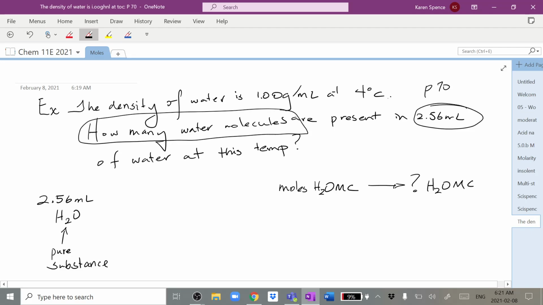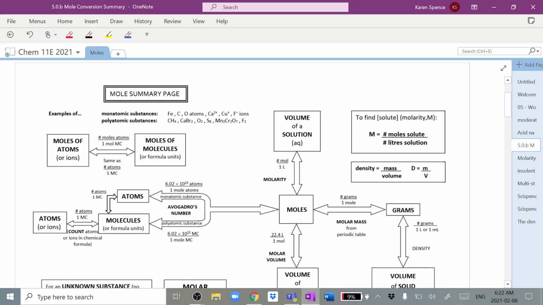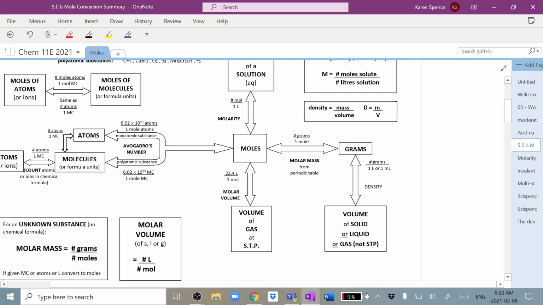So if we were using our chart here, we would be starting with volume. This is of a pure substance, and in this case, it is water, milliliters of water.